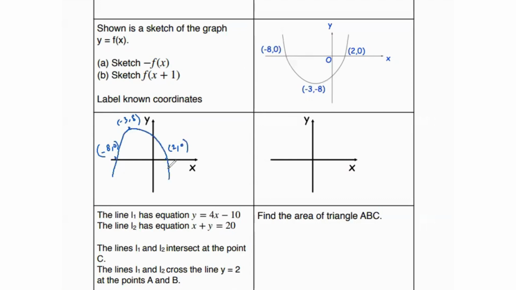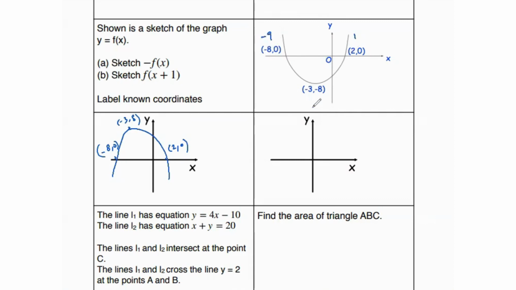So this is our curve. Then it says sketch f of x plus 1. So for f of x plus 1, it's a horizontal translation. And since it says x plus 1, that means we're going to subtract 1 unit from the x value. So this -8 will become -9.